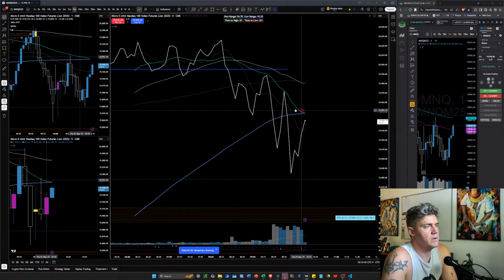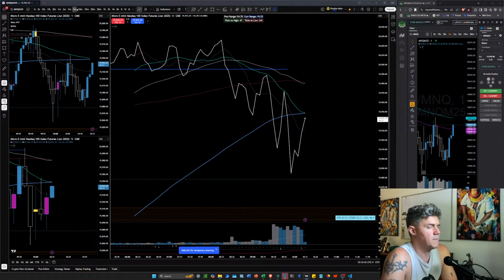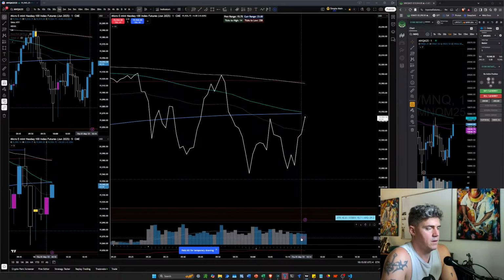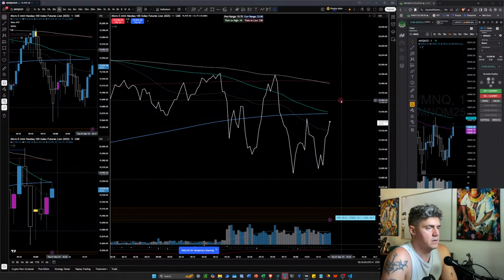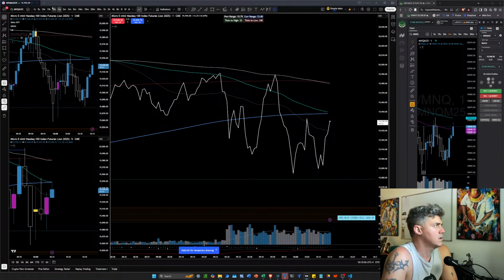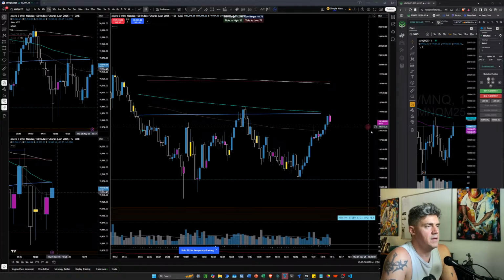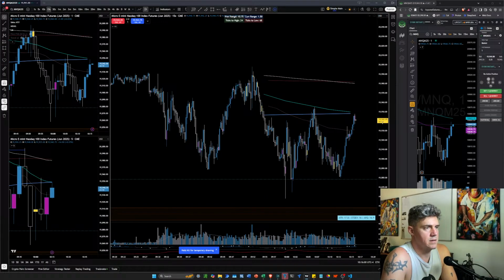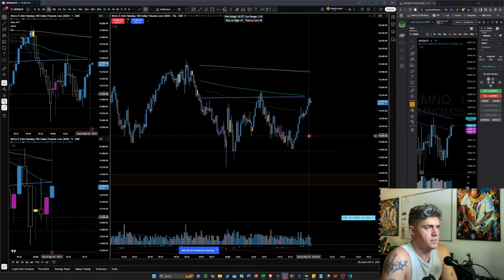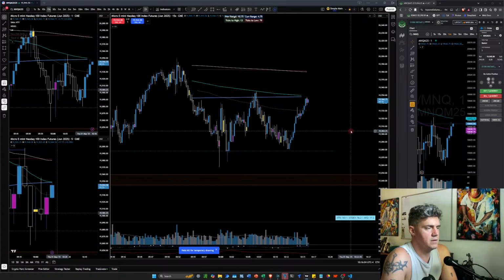So here we are right back at the sweet spot. The volume doesn't look that bad on a 5-minute. Below average, below average. I'm here, and this is a pretty key level, inflection point.